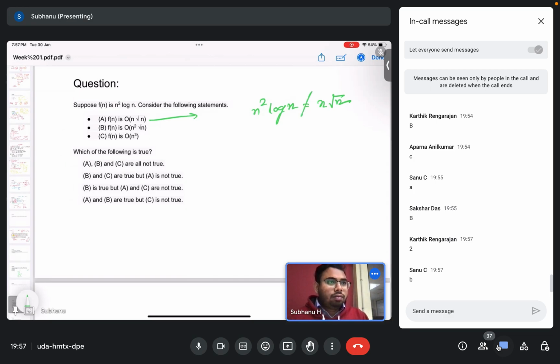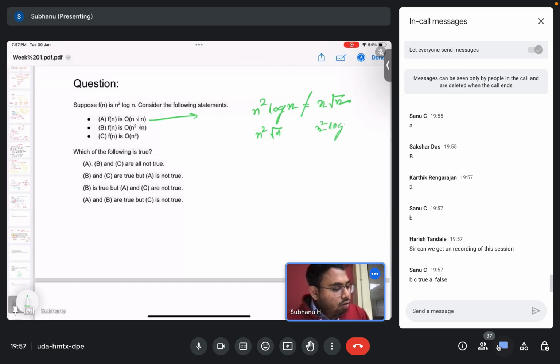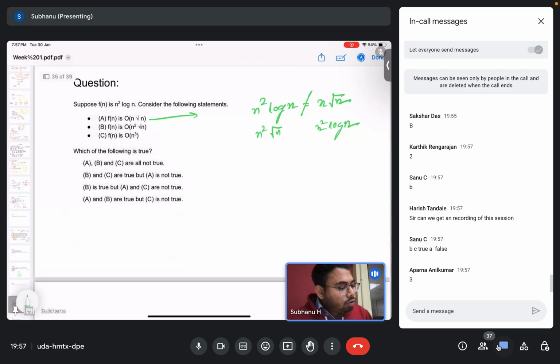But n square log n is big O of n square root n. As we also encountered in one problem, log n is less than root n.